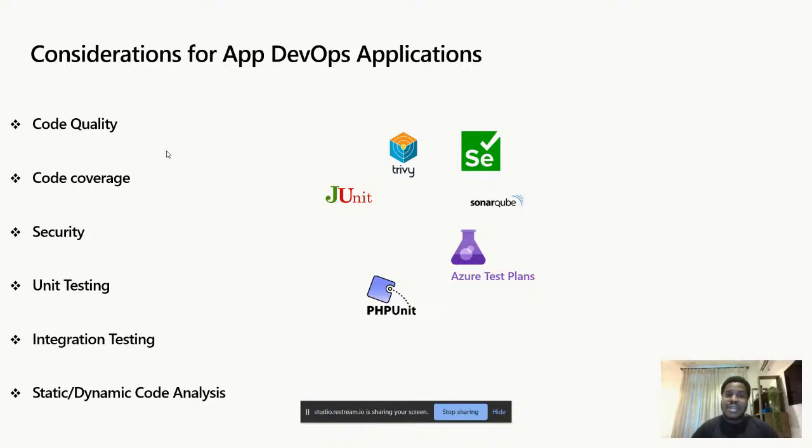These are things that I feel should be taken very seriously with regards to applications being created or designed, right? If you take a look at the first one, code quality, you'll be surprised.